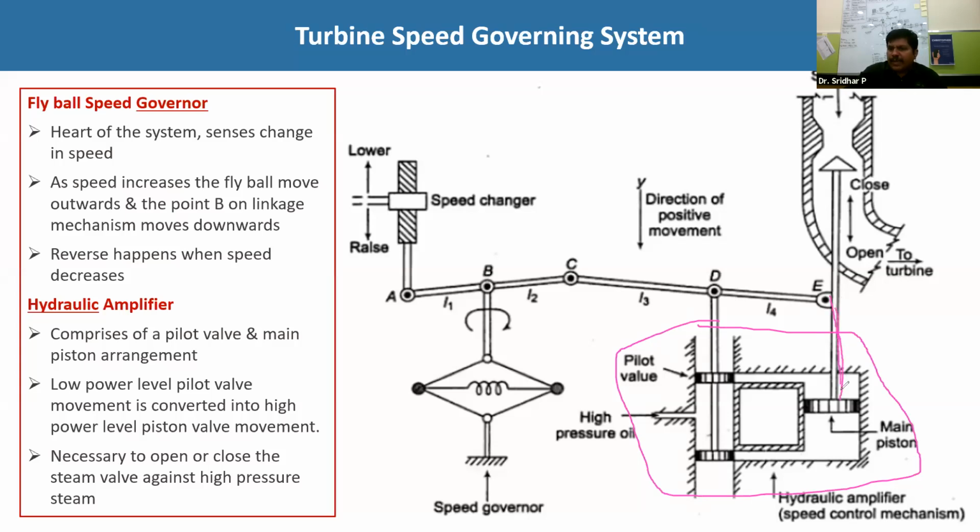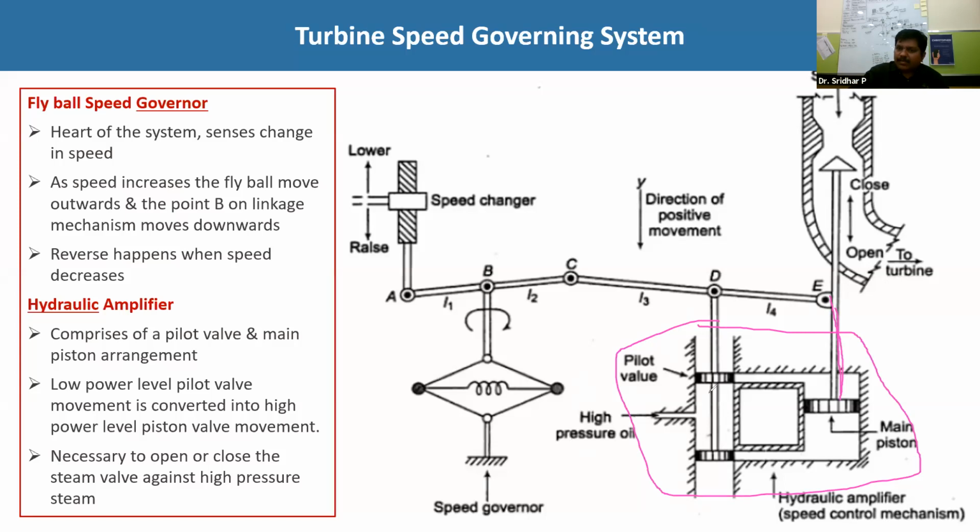So this main piston is going to work against the steam. Now try to imagine, steam has highly kinetic energy, and if you want to stop the steam in this narrow place, you have to work a lot, and that you can do with the help of this high pressure oil.